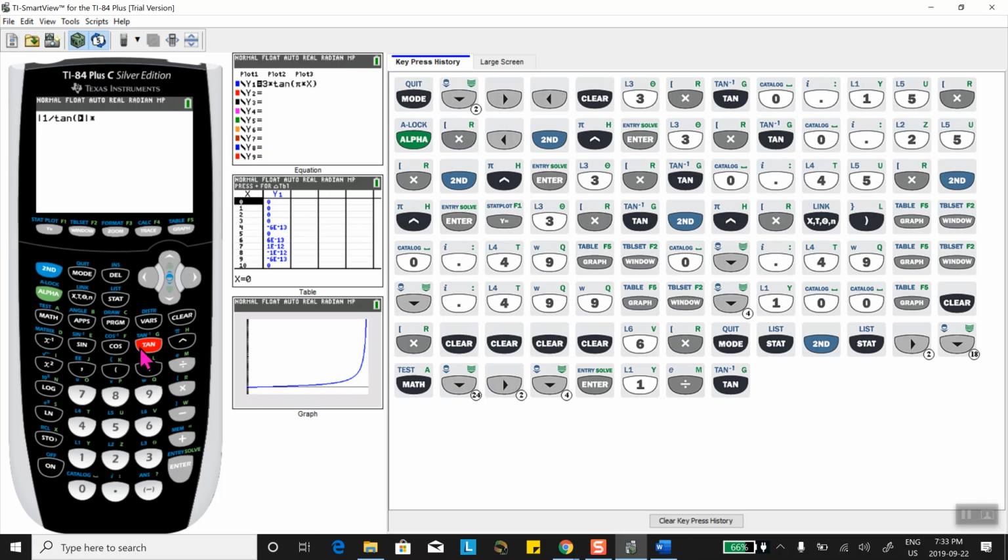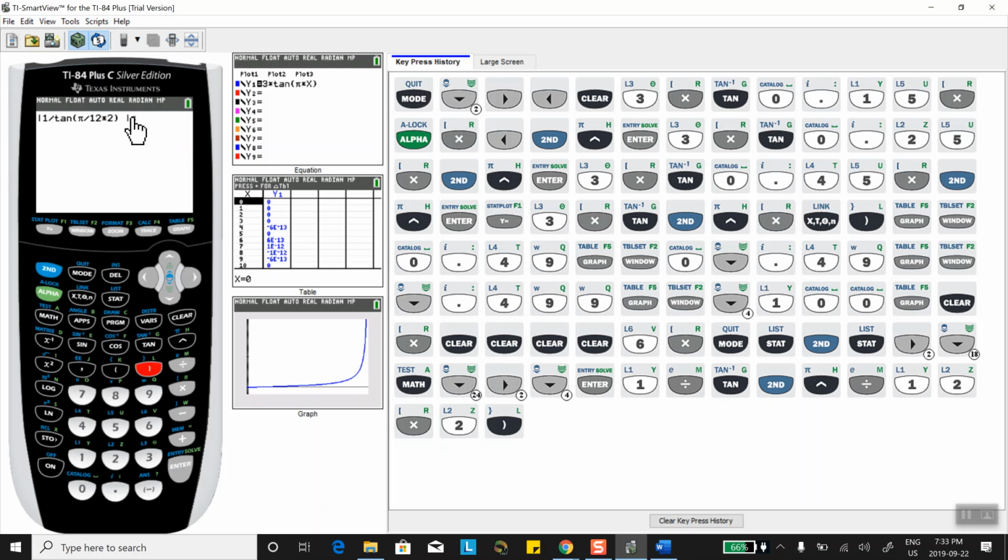Yeah, pi over 12. Second function. What is the pi? Pi divided by 12 times 2. Okay, and close the parentheses.